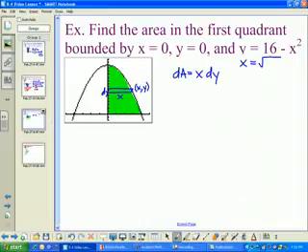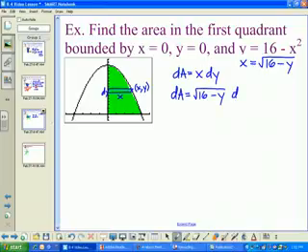So x would equal the square root of 16 minus y would be its equivalent. So we have that each area would be the square root of 16 minus y times the change in y.